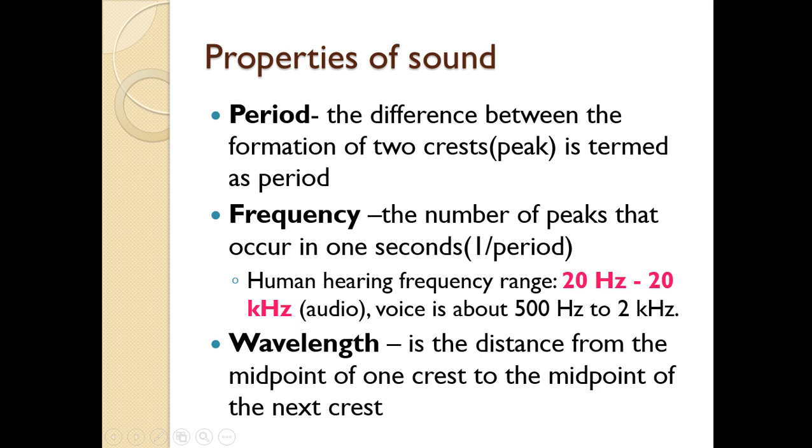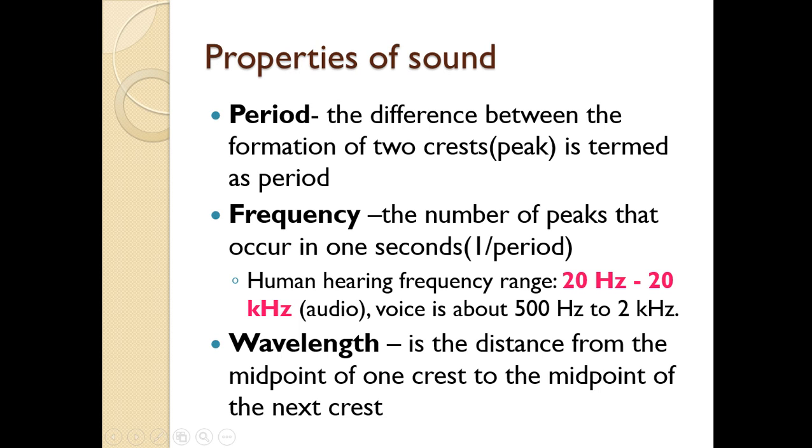This is another piece of information. Human hearing frequency ranges, as we know from a young age, from 20 hertz to 20 kilohertz. It means 20 hertz to 20,000 hertz. For audio, voice is about 500 hertz to 2 kilohertz. It means 2000 hertz.